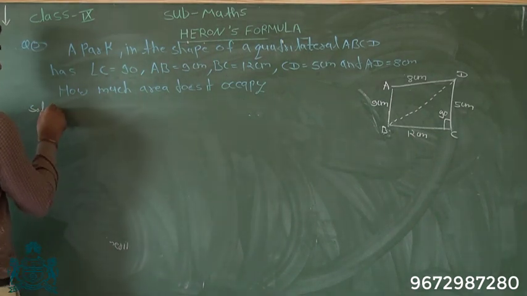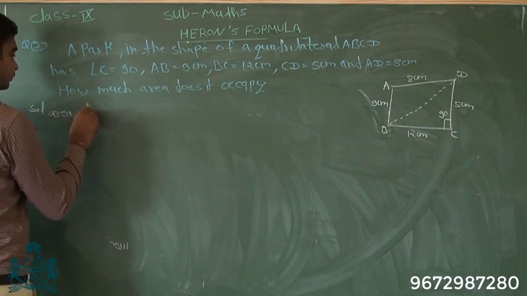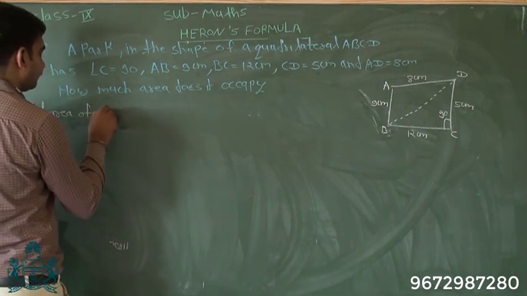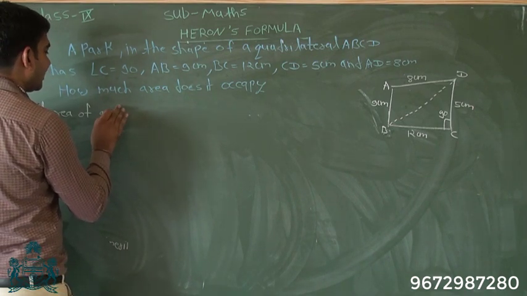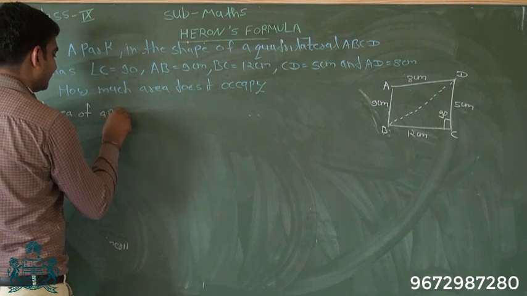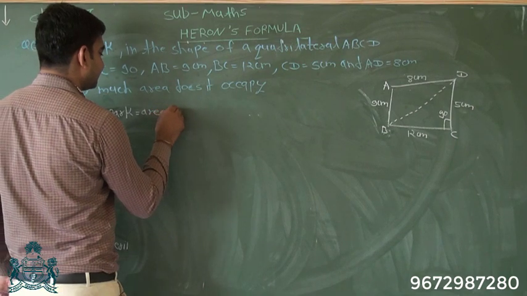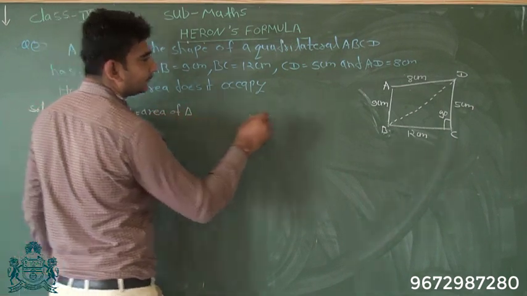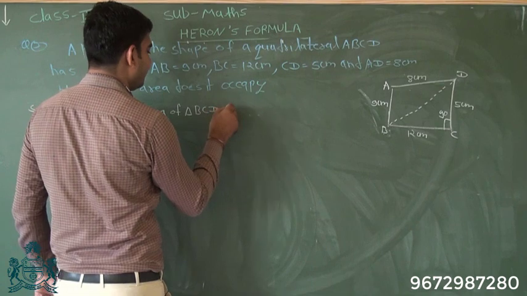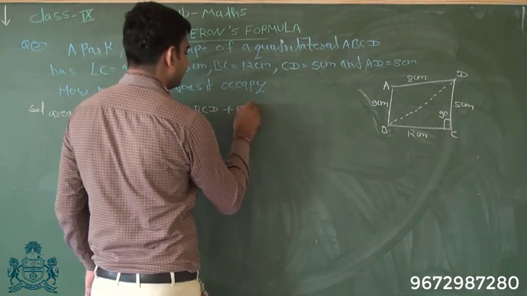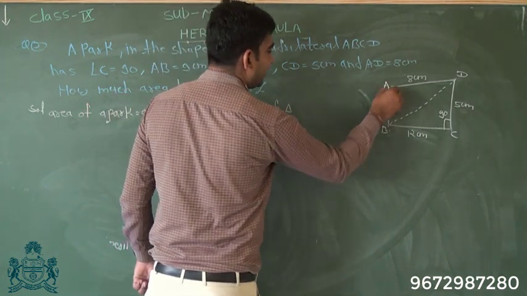Solution. The area of the quadrilateral, or the area of the park, equals the area of triangle BCD plus the area of triangle ABD.